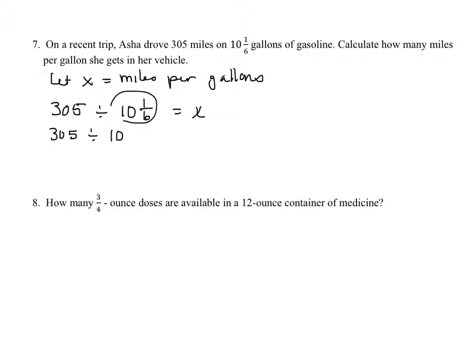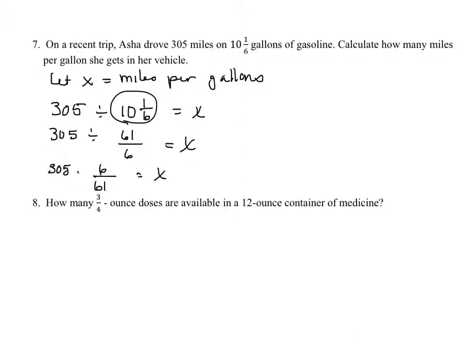Let's turn this into an improper fraction. So it'll be 61 over 6. So 305 times 6 over 61.